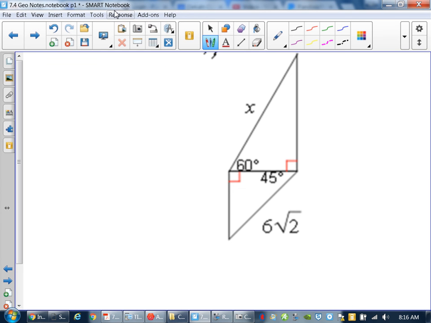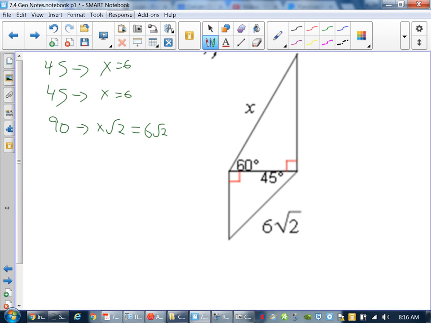So we start with a 45, 45, 90. Across from which angle did you know? Across from the 90. So if across from the 90 in a 45, 45, 90 is 6 root 2, what's across from the 45? 6.